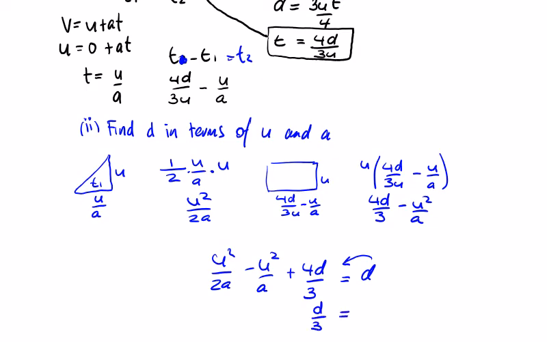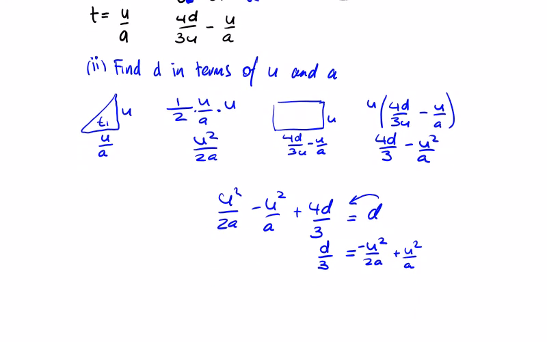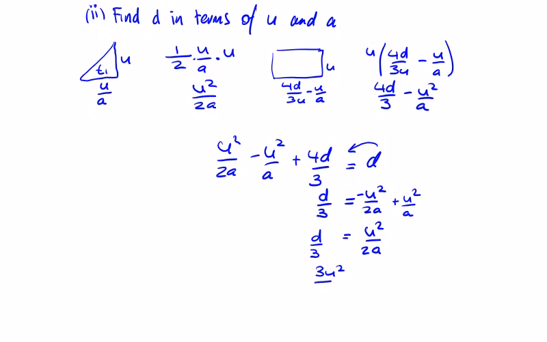And I bring the other two to the right, I'm going to have u squared over a minus u squared over 2a, which is a full u squared over a minus a half u squared over a, which is a half u squared over a, or u squared over 2a, is equal to d over 3. So 3u squared is equal to 2ad, so bring the 2a underneath, and you get d is equal to 3u squared over 2a.